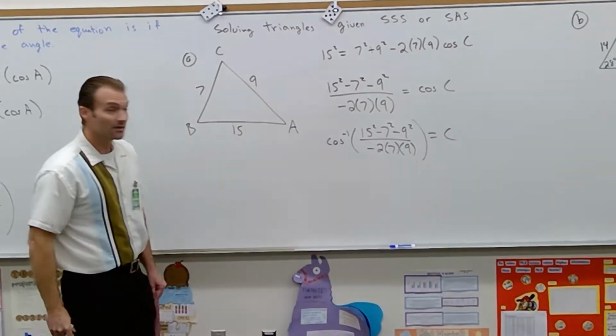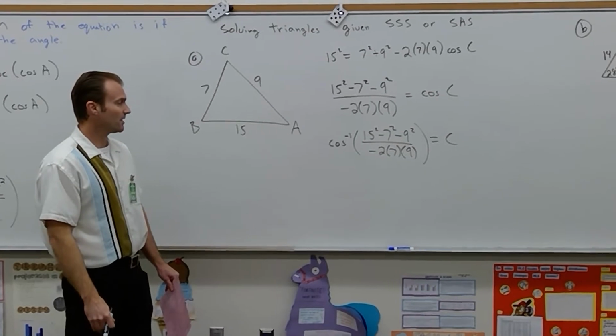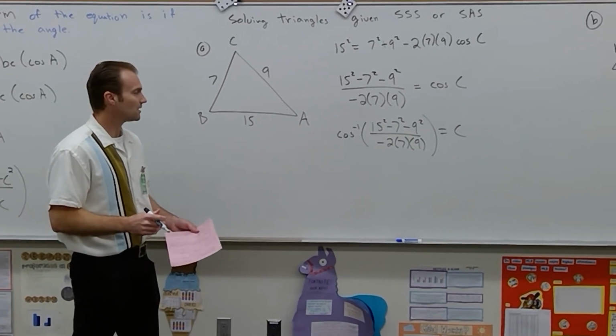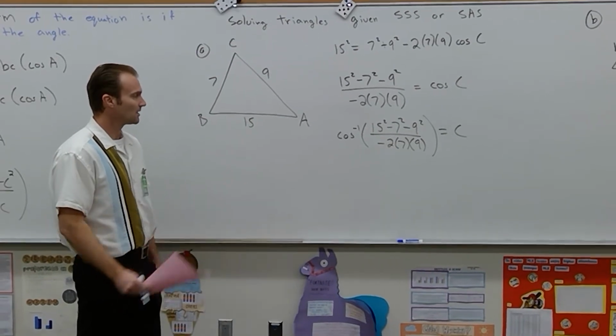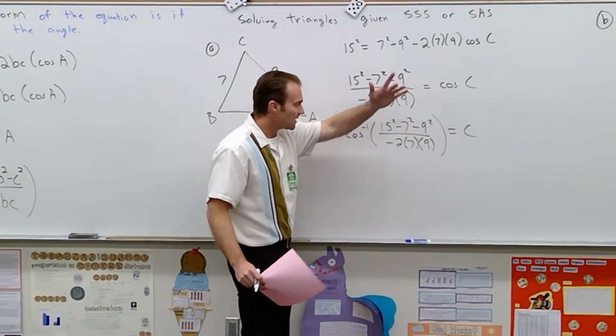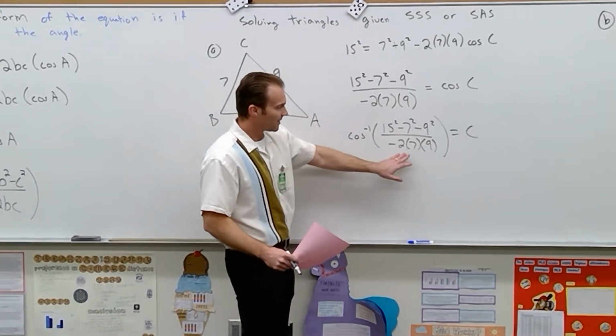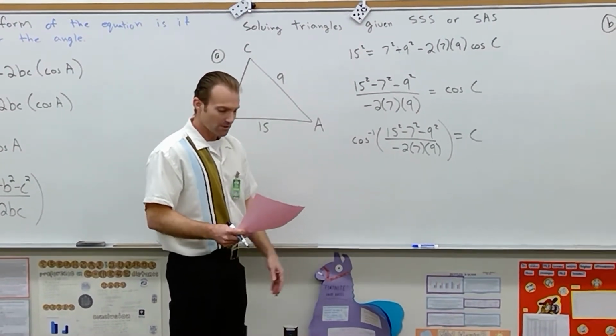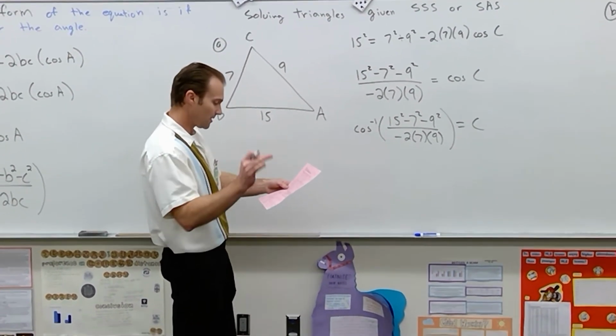Okay, and calculator time. I highly recommend you do it in pieces. Don't try to jam the whole thing in your calculator at once. A lot of mistakes happen that way. So I would do 15 squared, get an answer. Minus 49, minus 81, get that answer, and then divide it by that, get an answer, then do the inverse cosine of it. So do all that in the calculator, make sure you're in degrees.